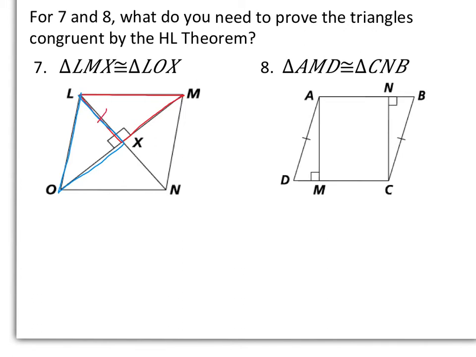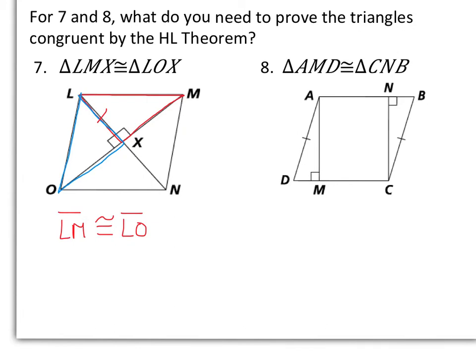We are given our pair of right angles, but we do not know about our hypotenuses. So the piece of information we are missing is whether or not LM is congruent to LO. If we knew that, then we would be able to prove the two triangles are congruent by the HL theorem.